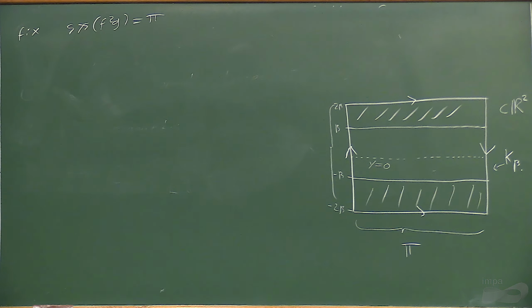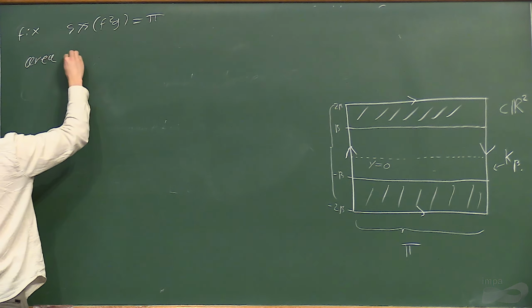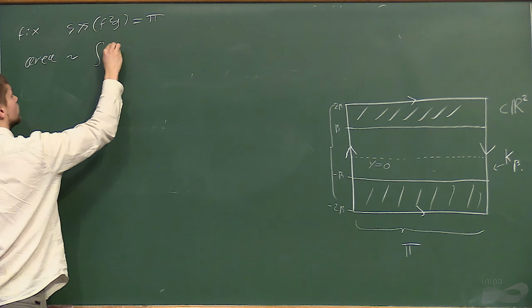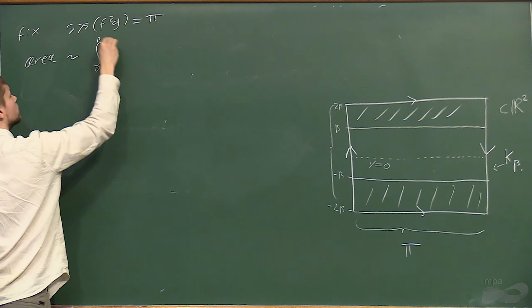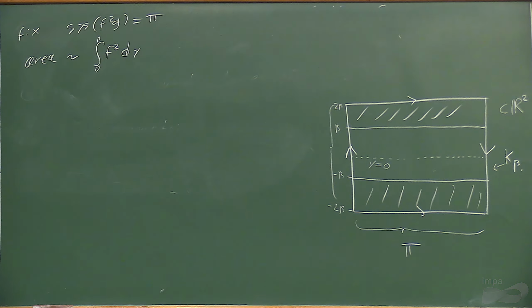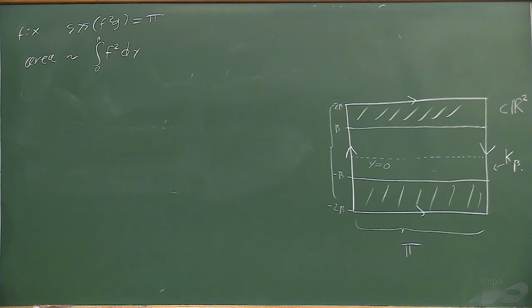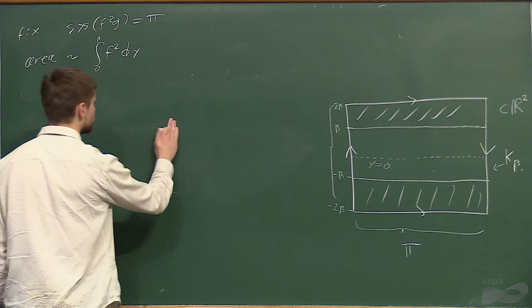And a direct calculation shows that the area is proportional to the integral from 0 to beta of f squared. So basically, we want to minimize this square of f under the constraint that the systole should be equal to pi. And this constraint gives us some things to work with.